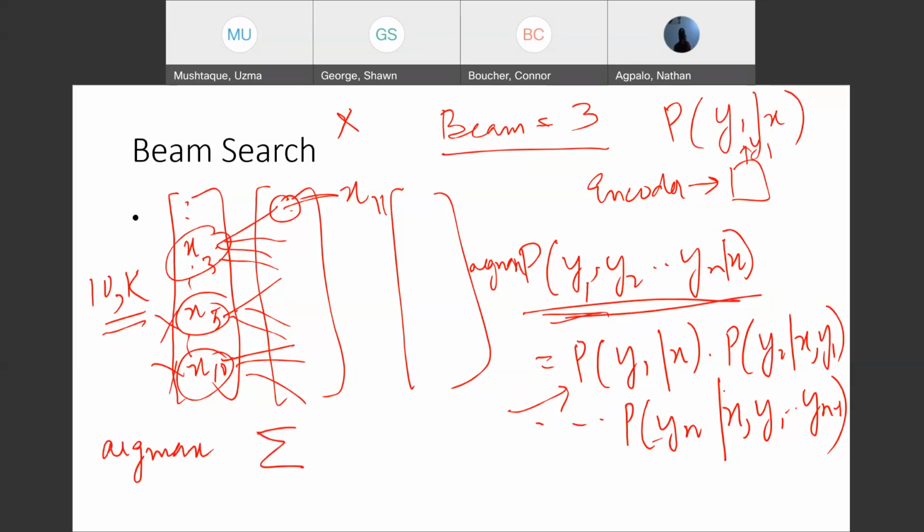Instead of having the product of all of these, I'll just sum these up and take the log: sum of log P(yi given x, y1 to yi minus 1). And this is summed over all y's, right?